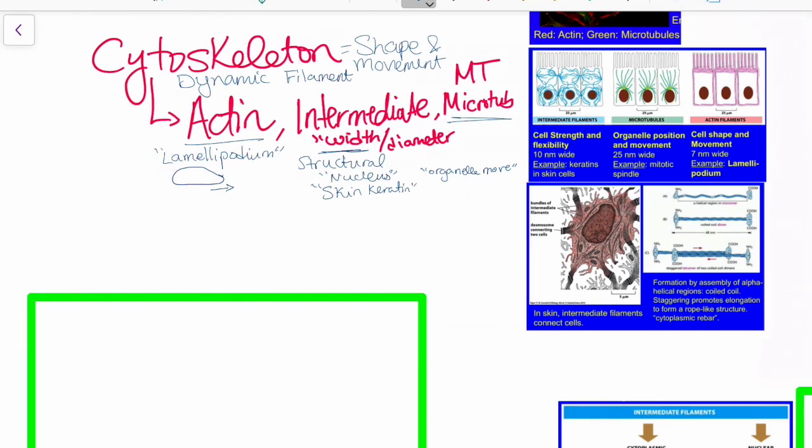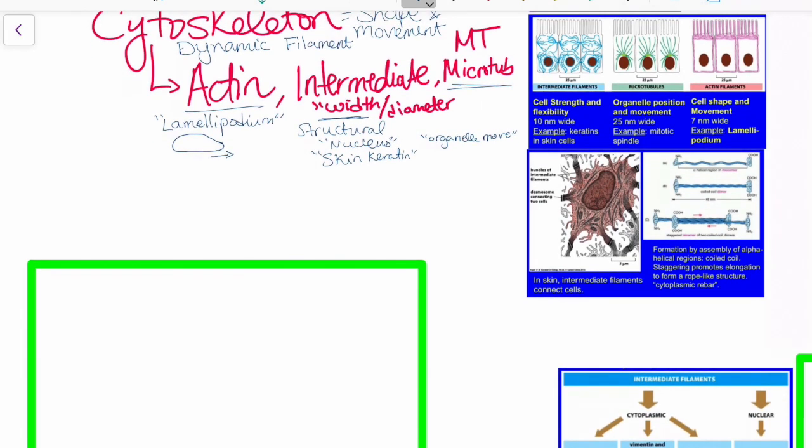So after these three types, let's just talk about the overall role of the cytoskeleton. This is just a big list because you can imagine they can do so much. So what is the example of role?